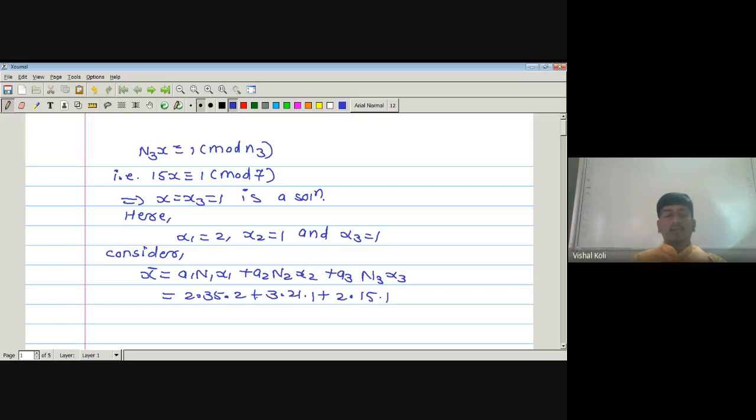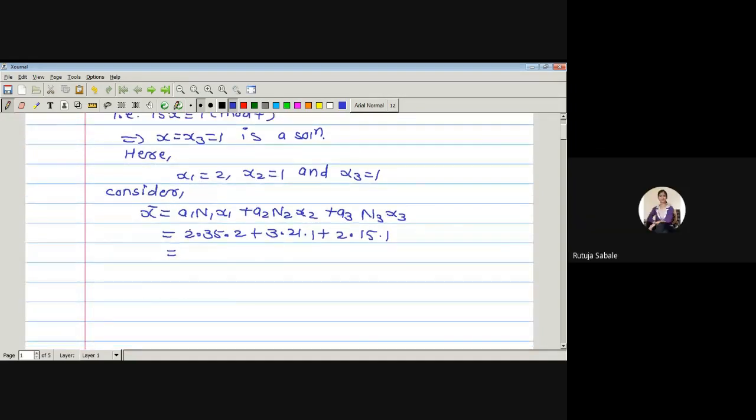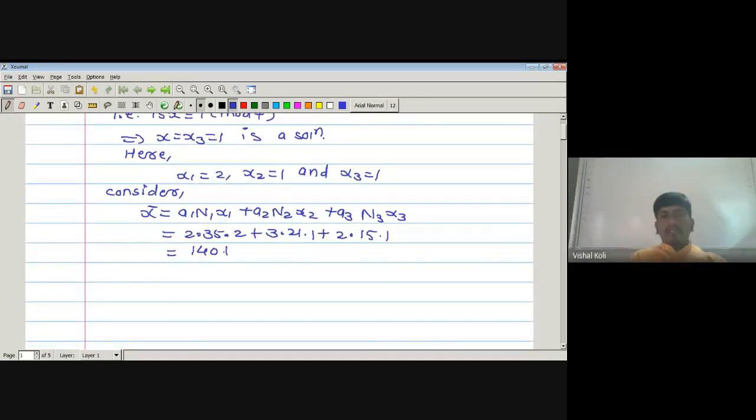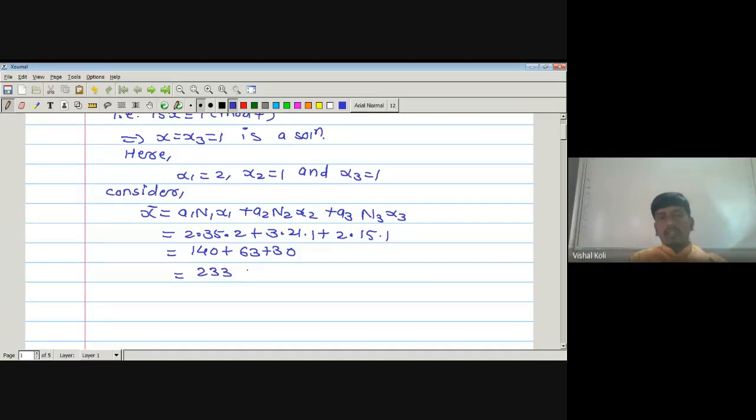That equals 2 into 35 into 2, which is 140, plus 21 into 3, which is 63, plus 15 into 2, which is 30. That is 140 plus 63, 203, plus 30, 233. Now we have to take this value modulo n, which is 105. Then what is the value of 233 modulo 105?